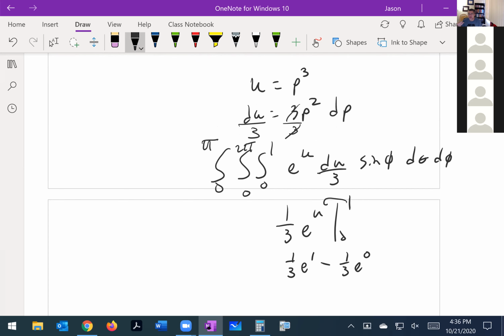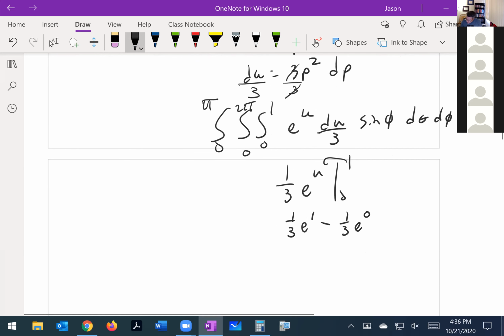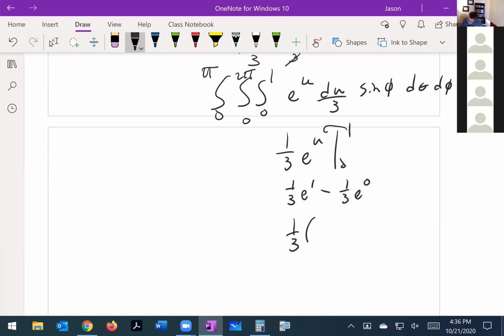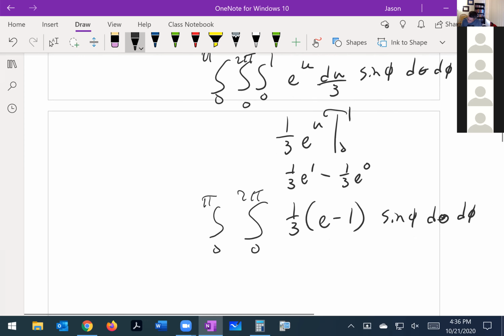E to the 0 is 1. So this becomes 1/3 times e minus 1, times the sine of phi d theta d phi, integrated from 0 to 2 pi and then 0 to pi.